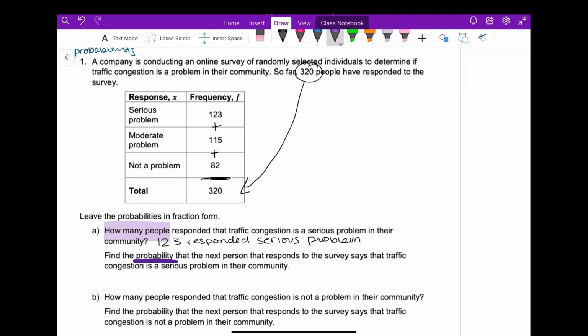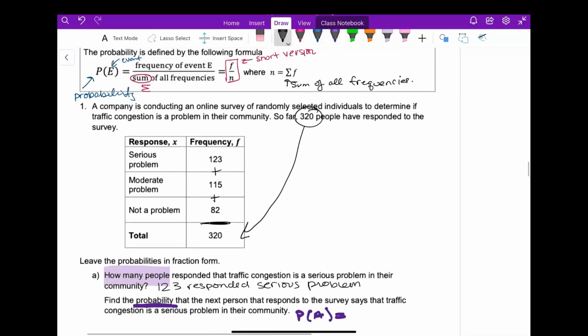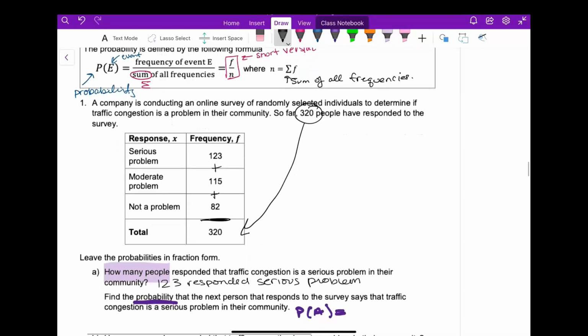So we're going to take probability is equal to the frequency of the event divided by n. So what's the frequency that it is a serious problem? 123. You said it in the first part, and if you look back on the table, it says 123. And then what is the sum? N stands for the sum of all frequencies, 320.